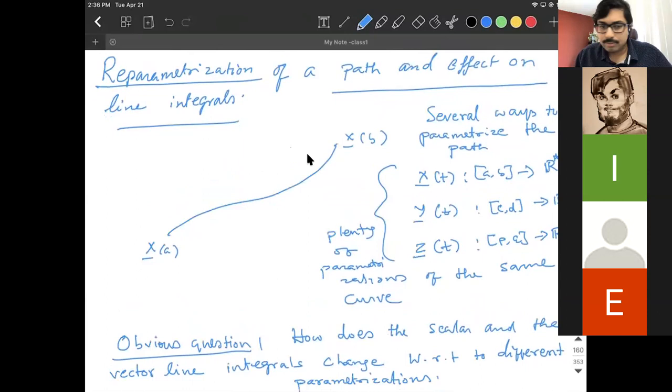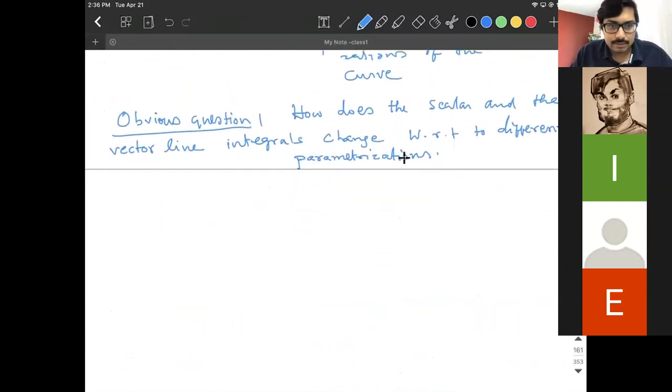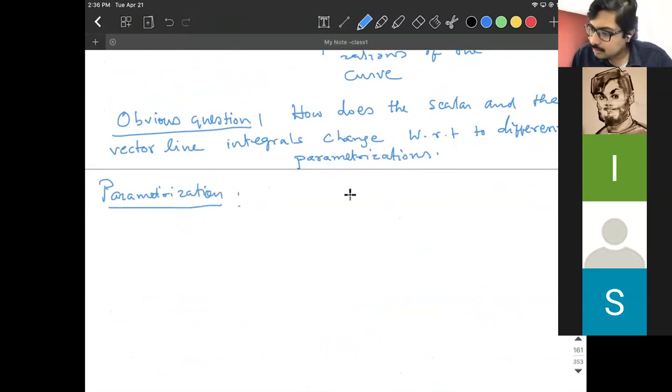Okay, so this is the first topic. Now, let's do this step by step. The first thing is, what is a parameterization of a curve? So the definition is a little bit technical. So let x(t) be a curve, be a path, sorry.